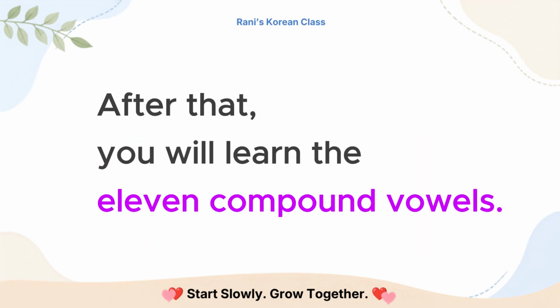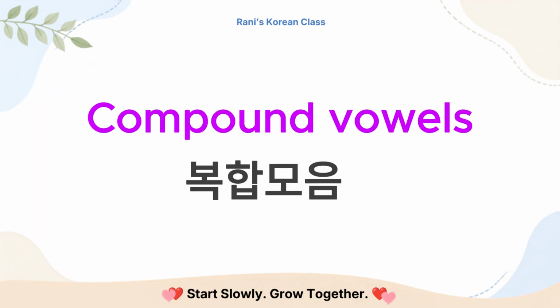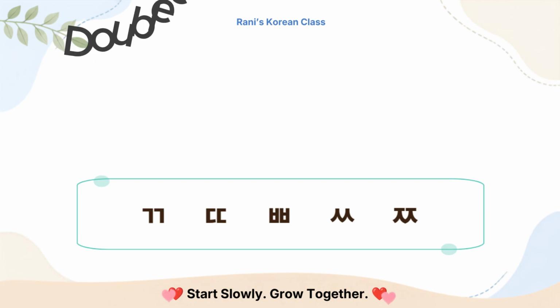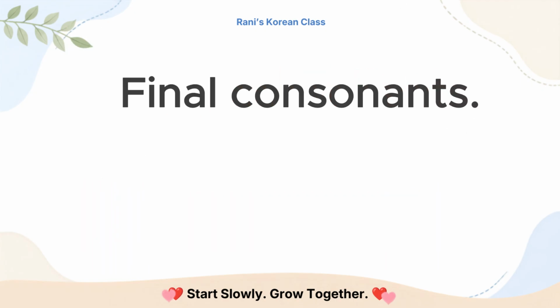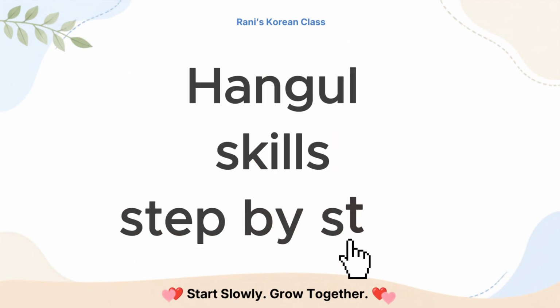After that, you will learn the 11 compound vowels. 복합 모음. Next, you will learn the 5 double consonants. 쌍자음. Then, you will learn final consonants. In Korean, we call them 받침. 받침 is a consonant used at the end of a syllable. And finally, you will review and practice everything you have learned.